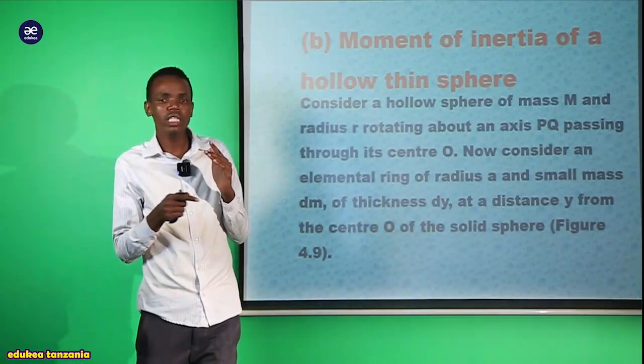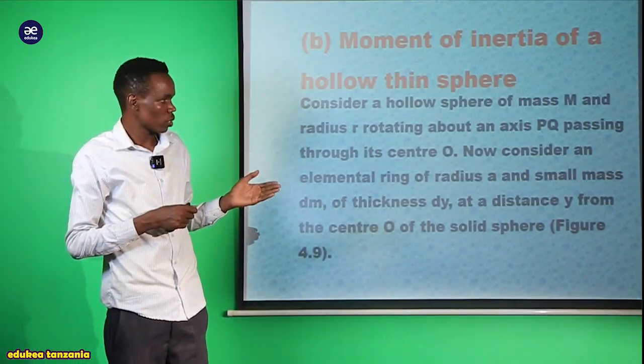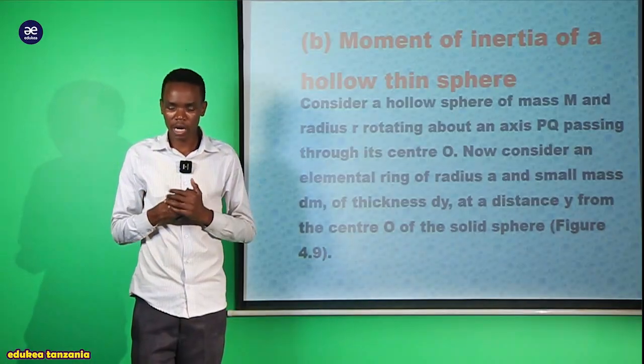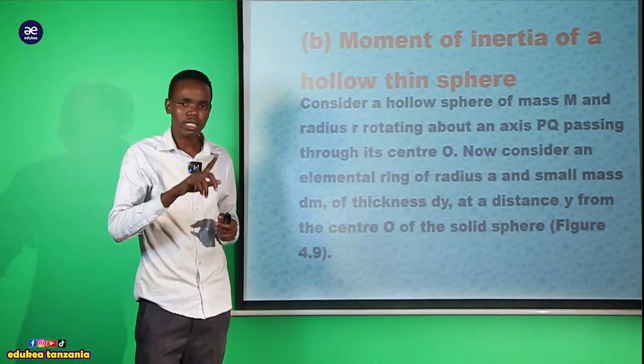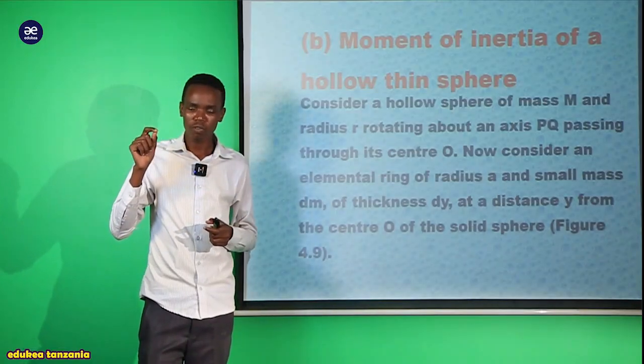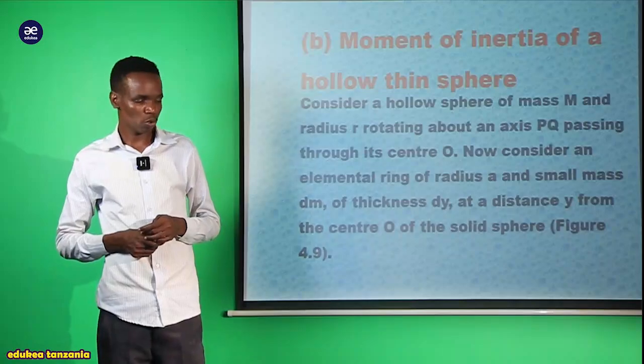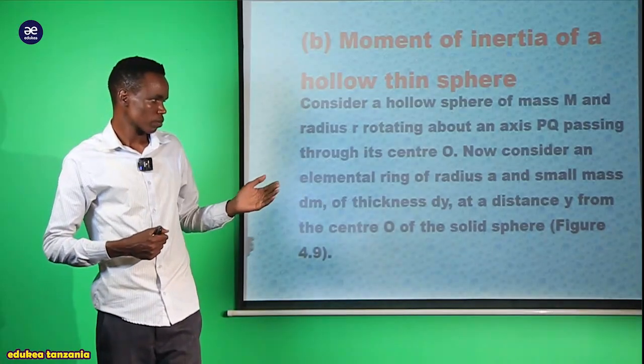It is rotating about an axis perpendicular to PQ, passing through the center. When it is rotating, we want to see how the moment of inertia can be obtained.